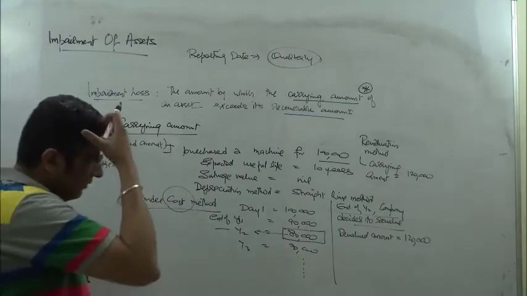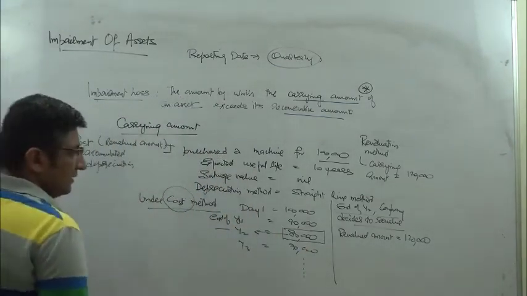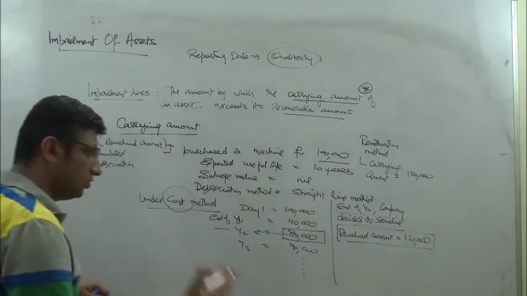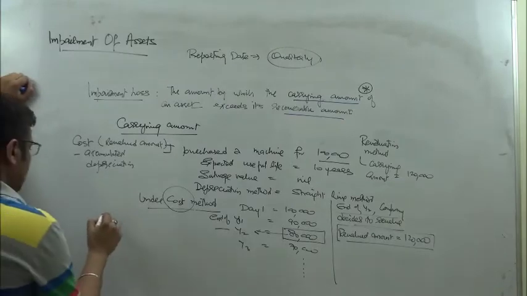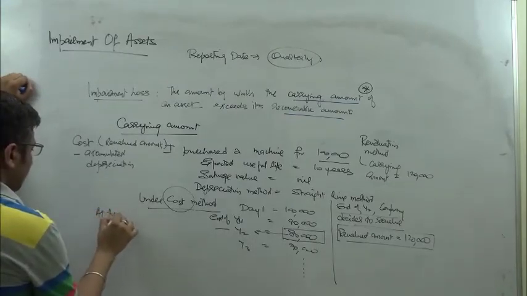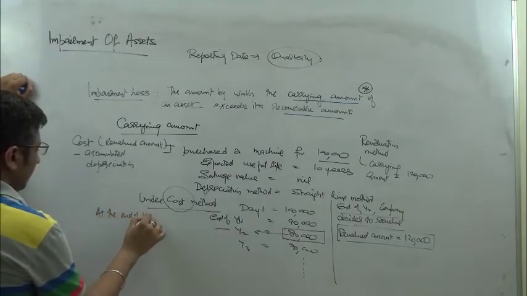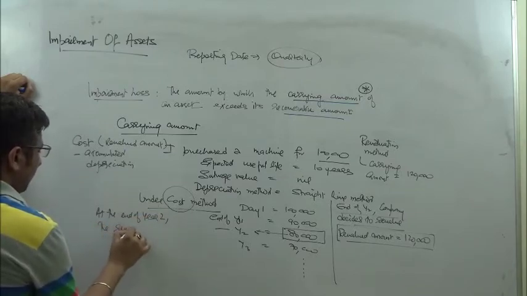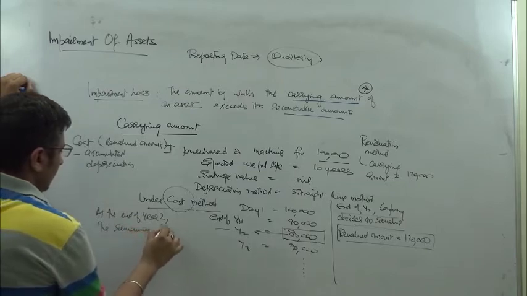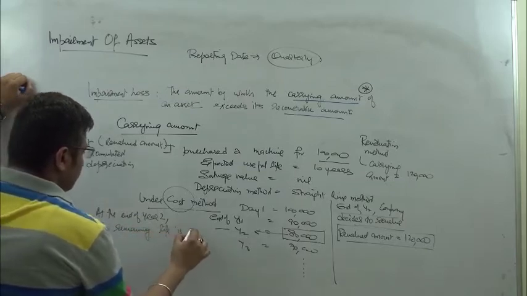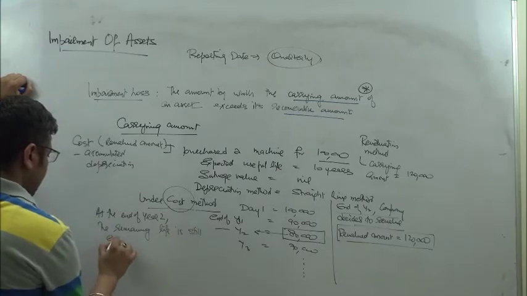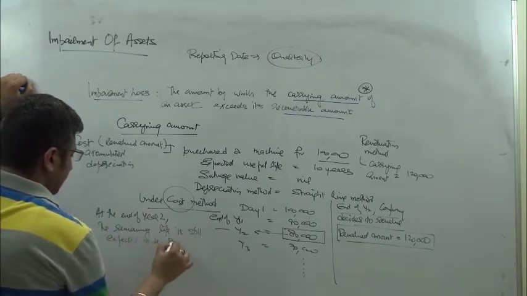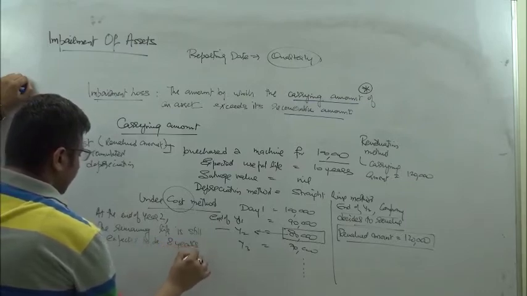So, for example, now if I say that this is the revalued amount at the end of year 2, and let us say for the sake of it, at the end of year 2, the remaining life is still expected to be 8 years, right?